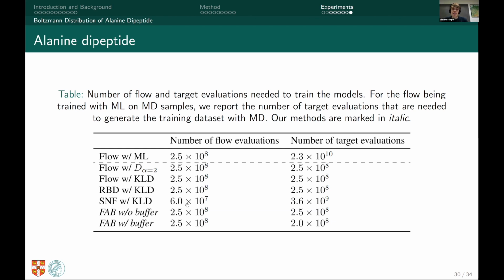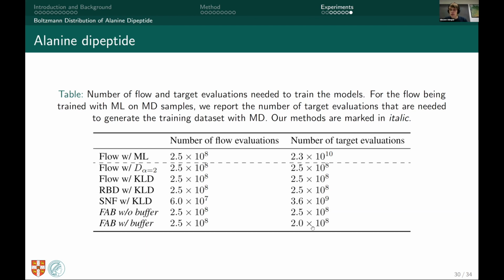We made an exception for methods which are really very slow, like the stochastic normalizing flow, because it does some sampling in the middle. Therefore it would have taken many weeks to train. We think we trained it for a week, which is already a lot, but still we couldn't do the same number of flow evaluations.